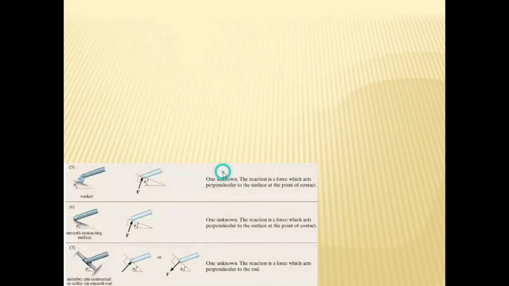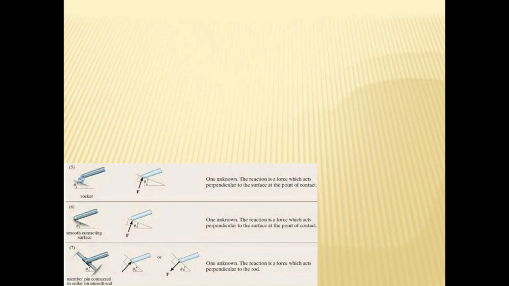Fixed support has two force components and one couple. If you say this is a rocker support, this will be a force reaction. So there will be one unknown. The reaction is a force which acts perpendicular to the surface at the point of contact.